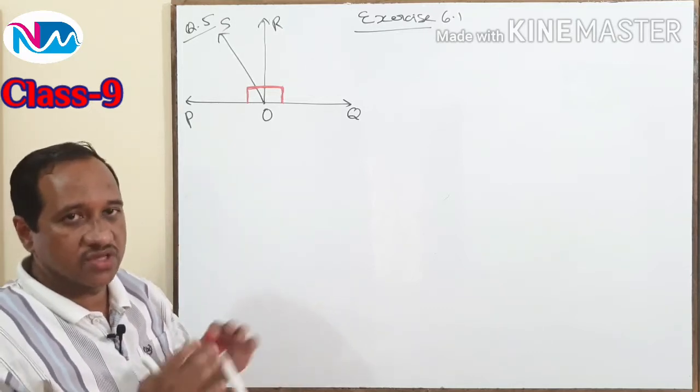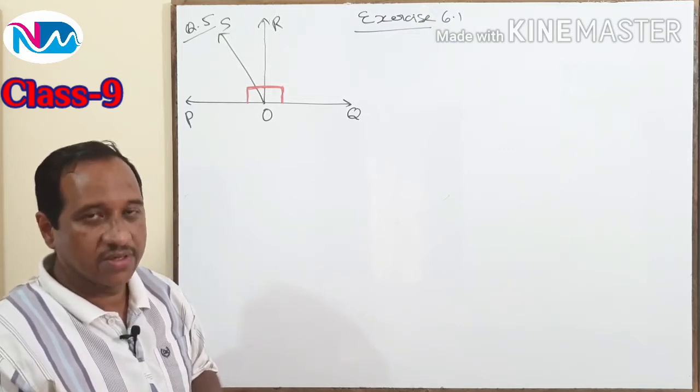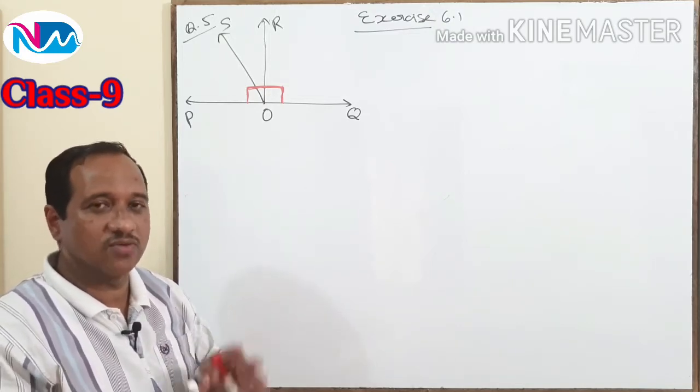Whenever we do a theoretical question, we have to do it in a systematic way. So the first part is to write what is given.